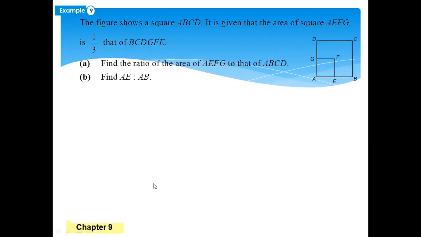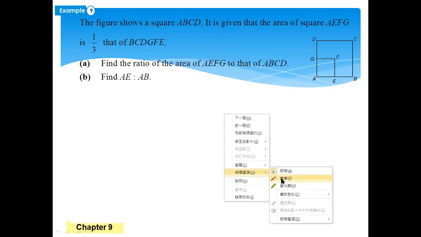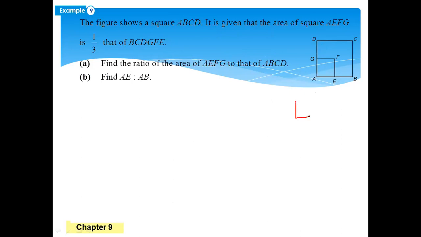Okay, this is the last example. Here you can see two squares: a small square AEF, a big square ABCD, and of course you have an L-shaped figure.